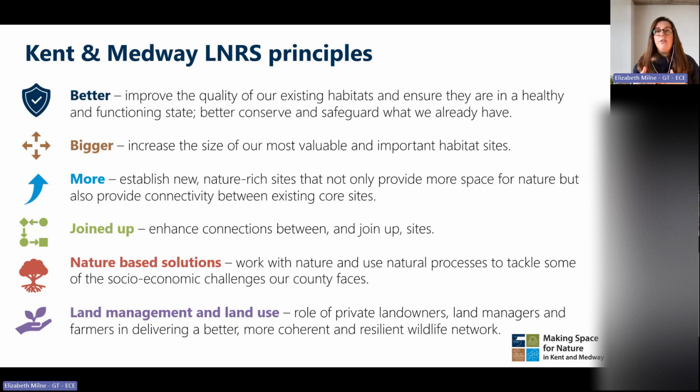We know that for nature recovery to be successful, we need to provide the ability for our wildlife to respond and adapt to not just a changing climate, but also the other pressures and impacts that come from human intervention, and a joined up landscape makes that a lot easier for them to do.